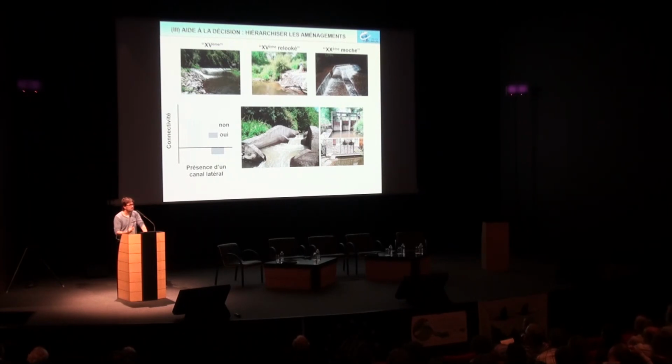But on the contrary, if we had a fish pass, we had genetic evidence of crossing in comparison when we had no pass. An important use of these passes for genetic diversity of population.